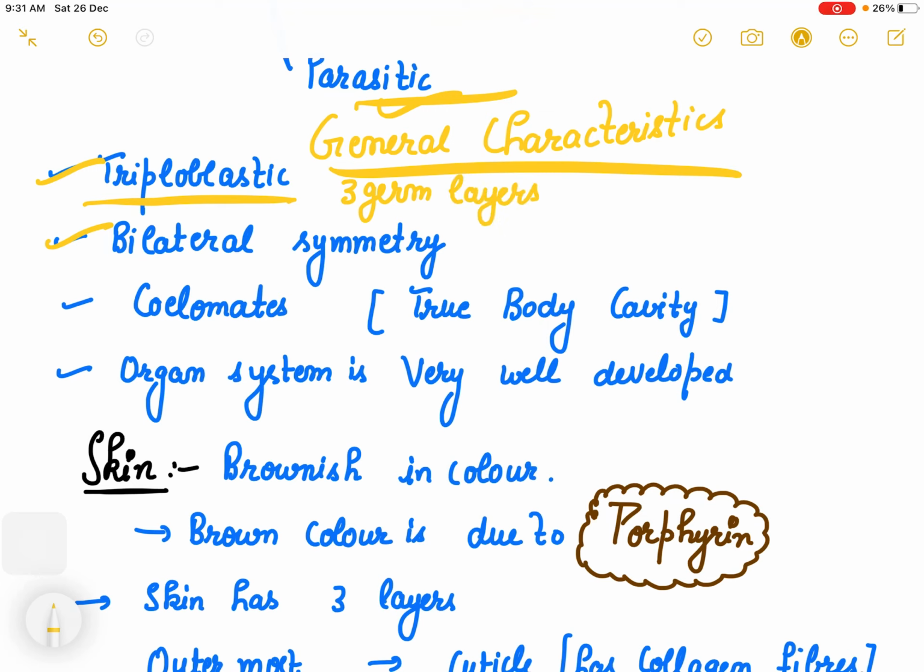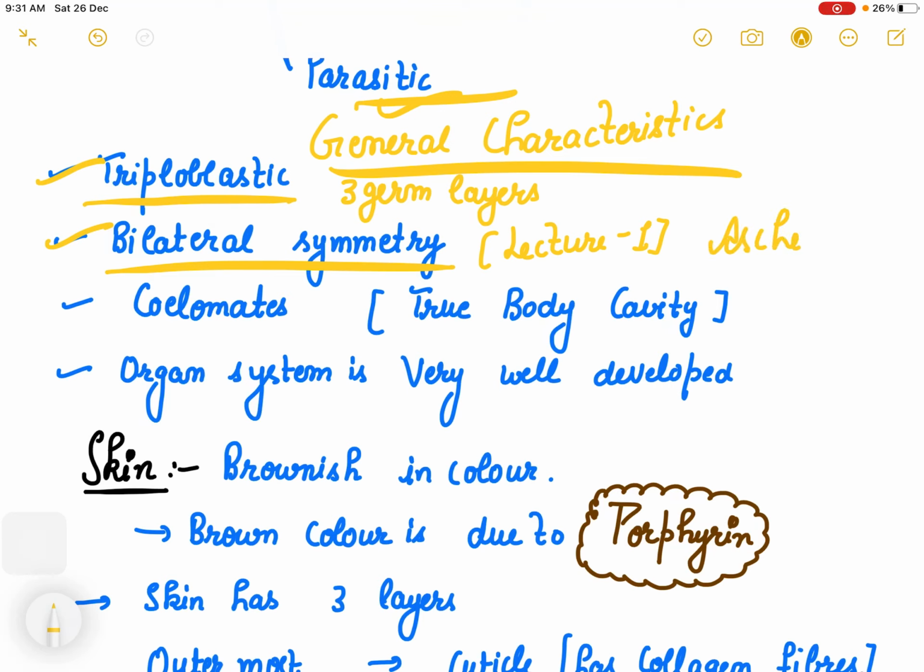Ectoderm, mesoderm, and endoderm. They show bilateral symmetry. And if you don't know what bilateral symmetry is, then I will request you to watch lecture number 1. You will get a clear idea why we are writing just these terms, because we have already discussed these terms in our first lecture. They are coelomates, if you recall.